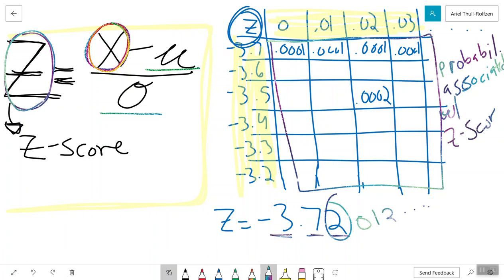Because for normal distribution, we're still solving for probabilities. And we can work backwards. Given a probability, we can solve for a z-score. And we're going to go over that later.